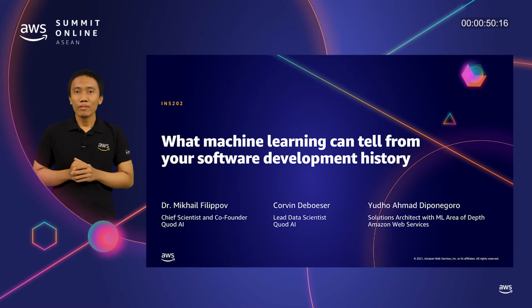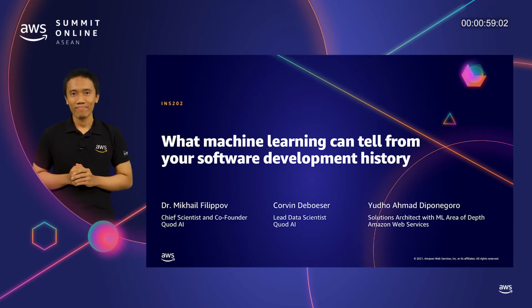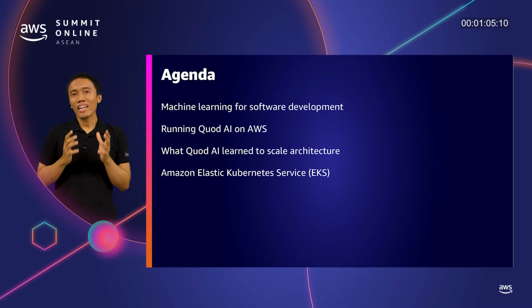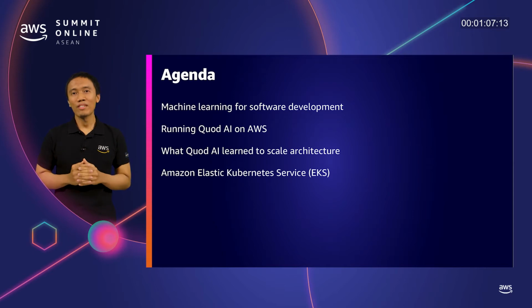We will have Dr. Mikhail, who is the chief scientist and co-founder of Quod AI, and Corvin, who is the lead data scientist. I hope that by end of the session, we will learn these points. Firstly, how we can utilize machine learning to improve our software development process, how Quod AI can provide a solution for this.